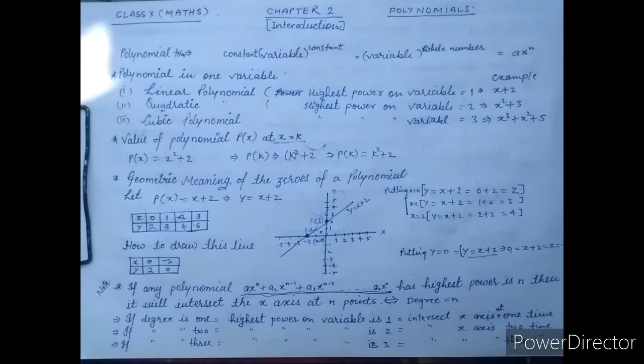And if the degree is 3, means its highest power on variable is 3, then it intersects the x-axis at 3 places.